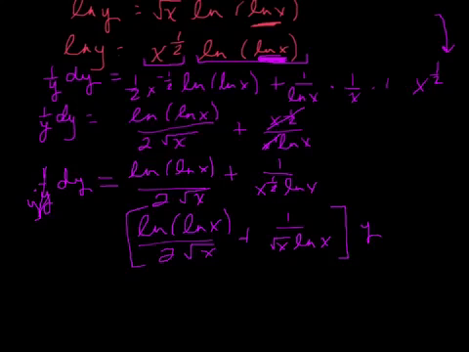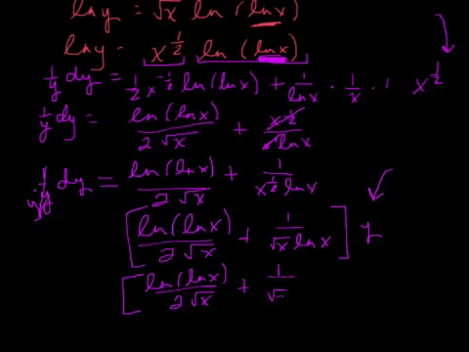So basically, in the very beginning of the problem, it identifies y for you. So I have the natural log of x over 2 square root of x plus 1 over square root of x natural log of x times y, which in the very beginning it said was equal to the natural log of x taken to the square root of x power.